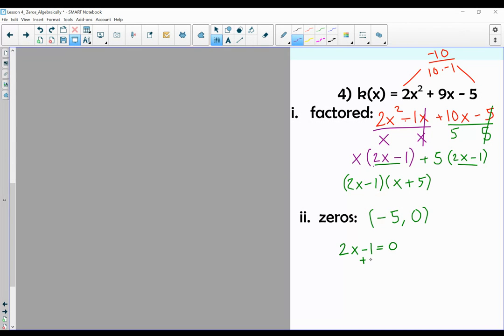I add 1 to both sides, and I get 2x equals 1. Divide both sides by 2. Whatever you do to one side of the equation, you do to the other. And I get x equals 1/2. So 1/2 and negative 5 are my two zeros or x-intercepts.